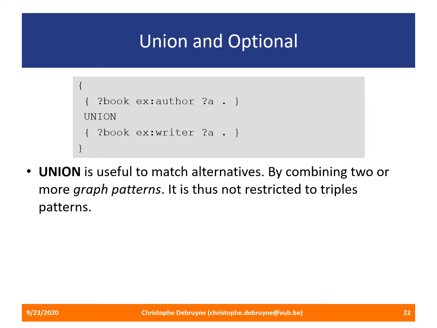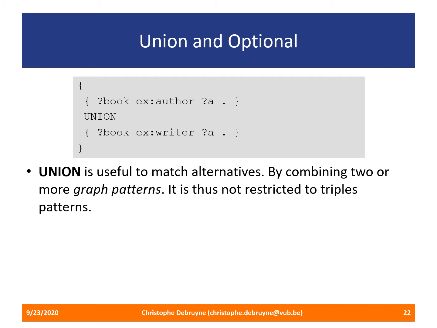The first construct that we will cover is the union operator, and the union operator allows us to match alternatives, and you can then combine 2 or more graph patterns into one result set, and it is not restricted to triple patterns.